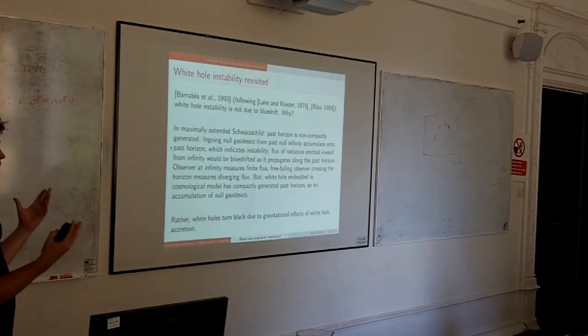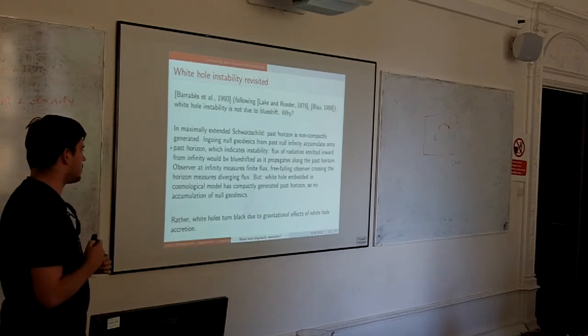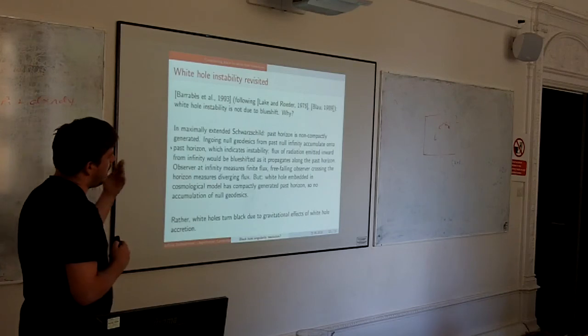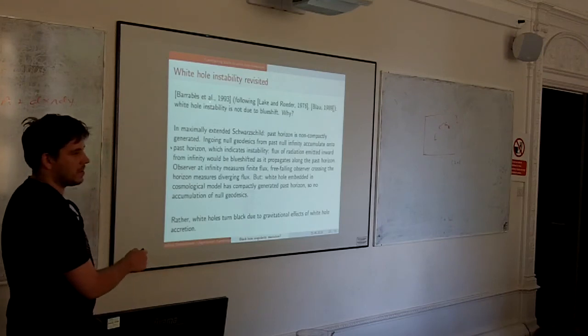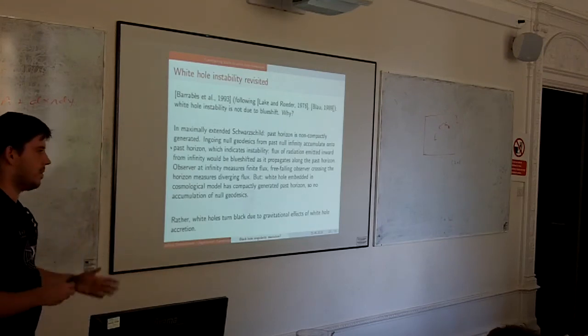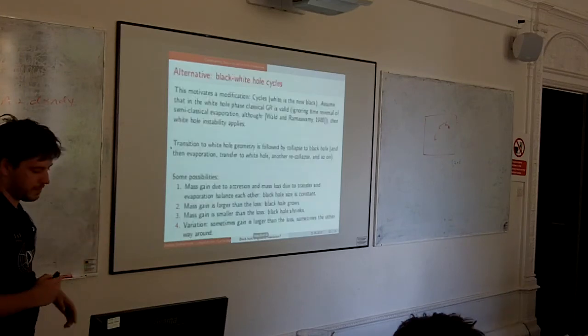Because of the way I think about the white hole as embedded in a cosmological model. And then there's a lot of analysis, mostly in those papers. If you're interested, I recommend Barabas, Poisson, and I forgot the third author, for detailed models of white hole accretion.